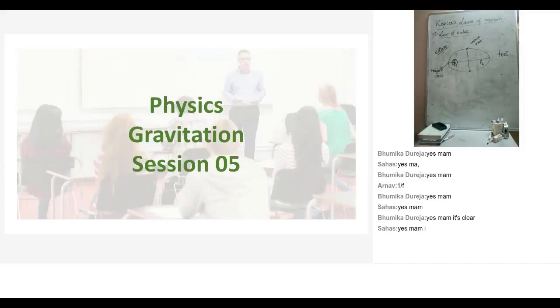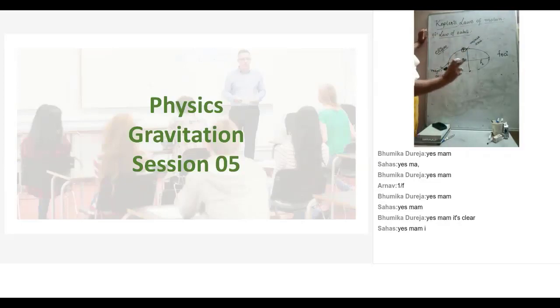Is that understood? A planet will be seen revolving around the sun in an elliptical orbit, and the sun will be at either of the foci, either here or here. For this planet, the sun is located at this focus. For another planet, it can be at a different focus.